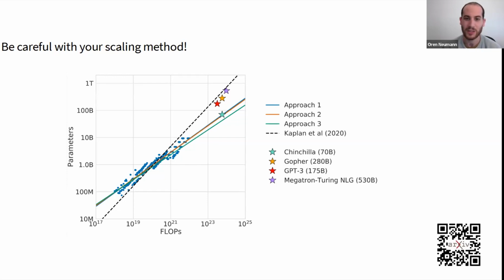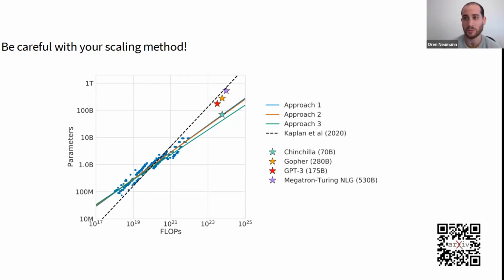And the reason is they used, if I remember correctly, a different learning rate schedule, update schedule. And that was basically the only difference. And they got a different scaling law, and they proved that this scaling law is better than the original scaling law because they trained Chinchilla, which is basically a re-implementation of Gopher, where, if I'm not mistaken, the only difference was the size.